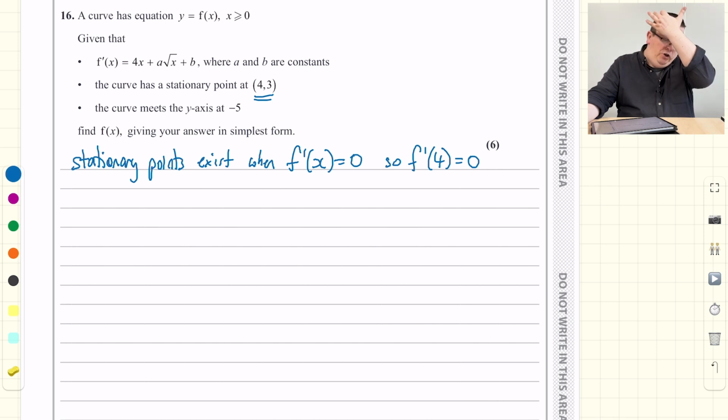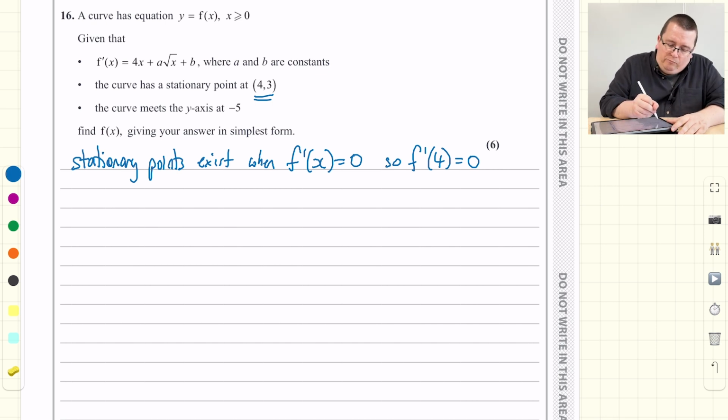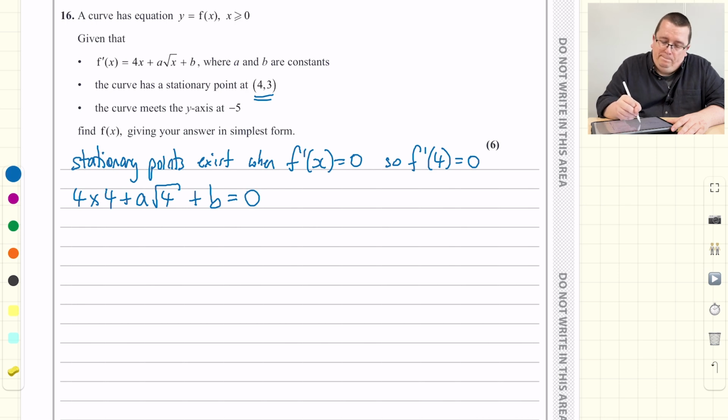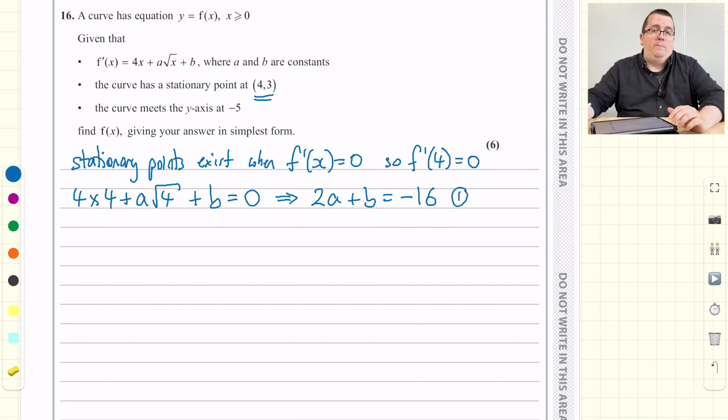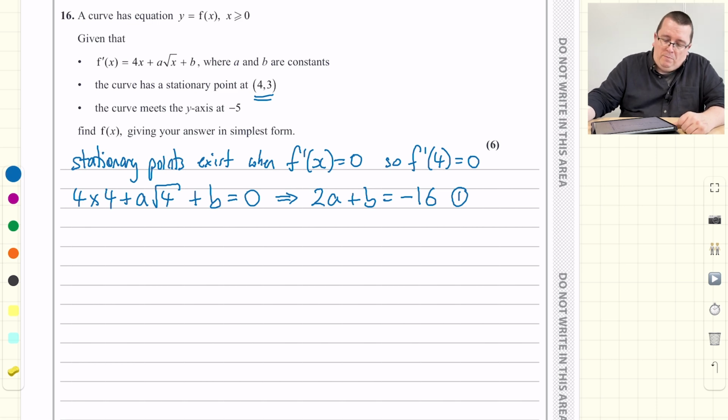So if I substitute 4 into f prime, so 4 lots of 4 plus a times the square root of 4 plus b, this has got to be equal to 0. So let's tidy this up, because the square root of 4 is 2, so that's going to be 2 lots of a plus b, and let's move the 4 times 4 over to the other side, so we'll have minus 16. So I'm going to label that as equation 1 because this looks like a simultaneous equation problem.